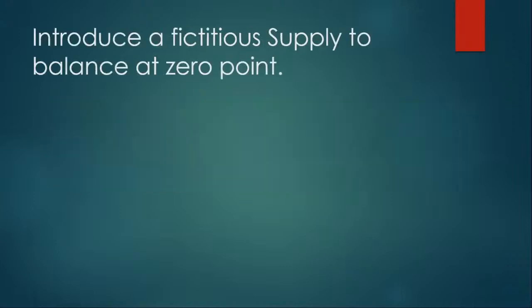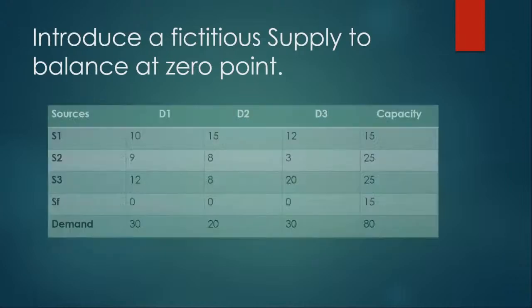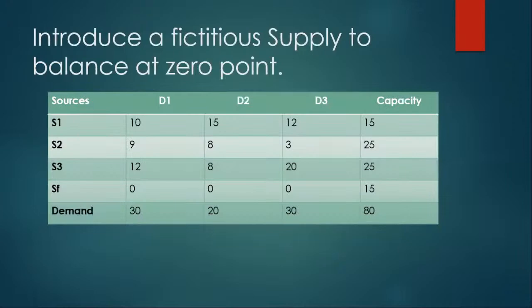To solve the problem, we will introduce a fictitious supply balance row in the question with 0 cost. So it is S1, S2, and S3, and we have introduced SF, a fictitious supply row.